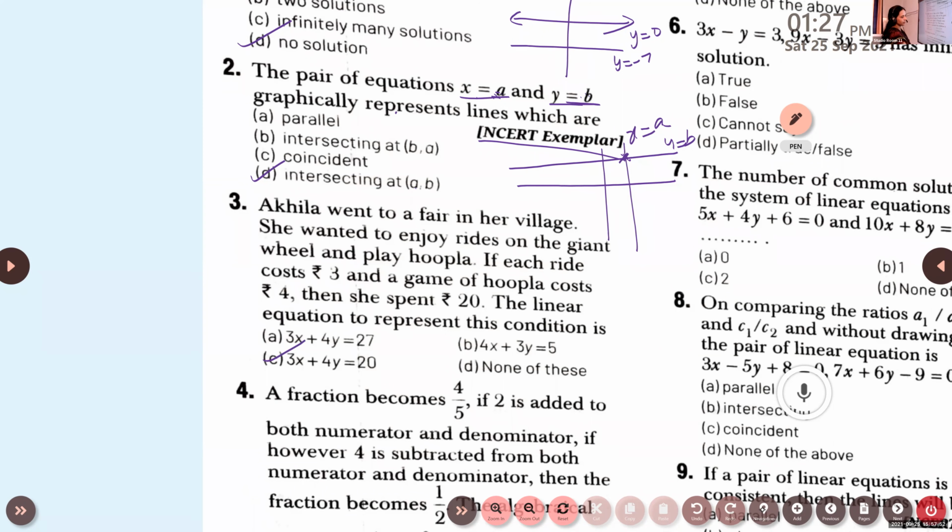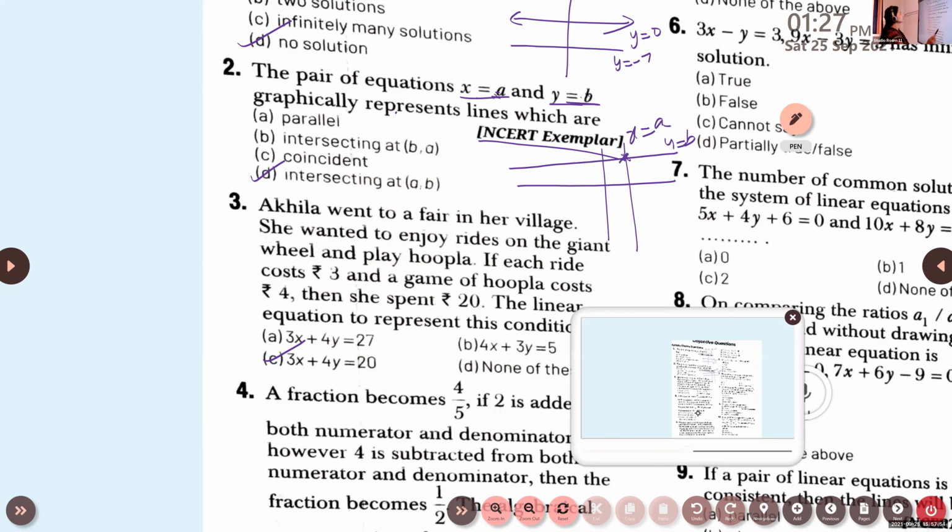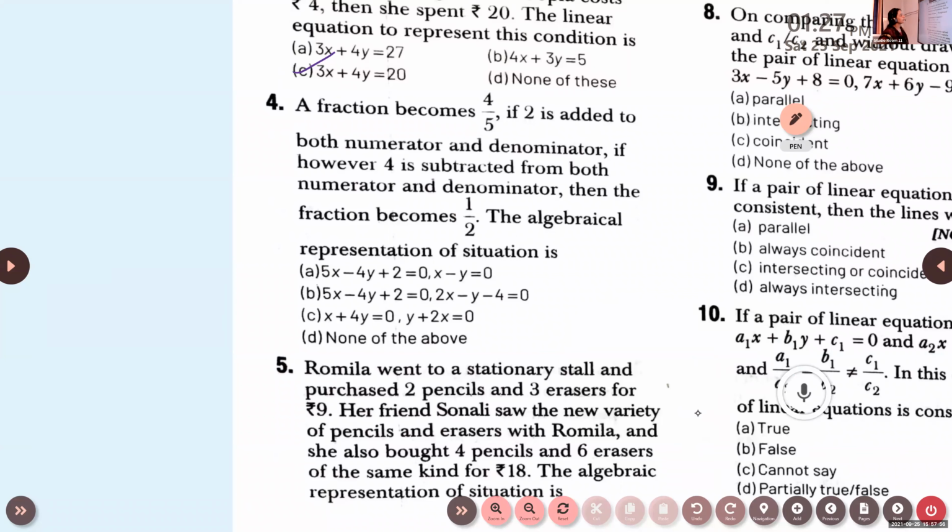Okay. Look at the next one, fourth one. Listen, children, now you try to solve it. Don't write the questions and all. You try to solve it and try to give the answer. A fraction becomes 4/5 if 2 is added to both the numerator and denominator.